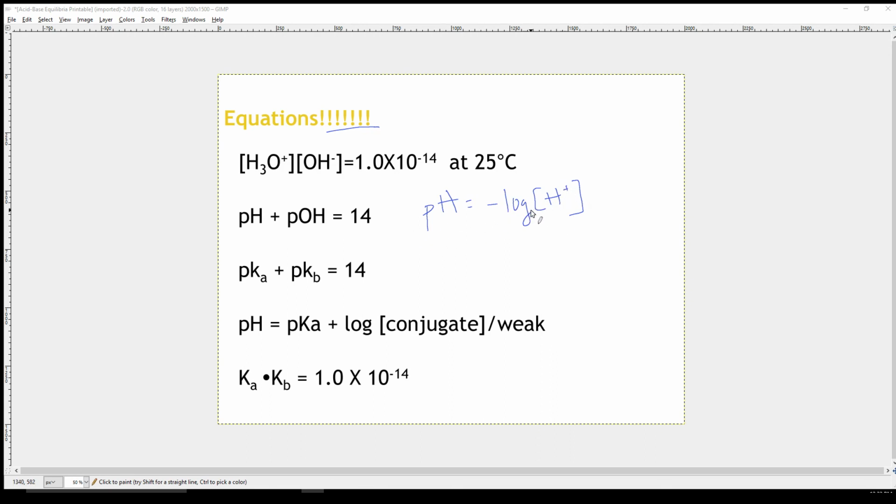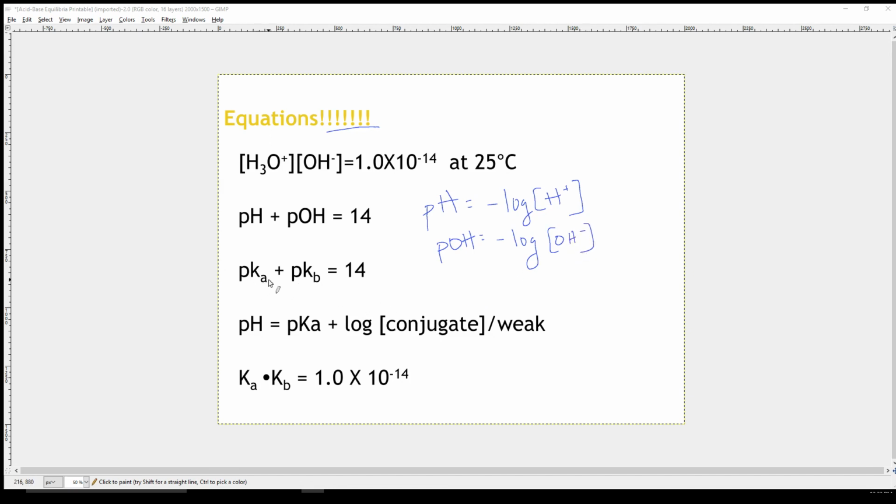I could do 10 to whatever the pH is and 10 to the negative log. Those go away. And I could solve for the concentration of my hydrogen ions. Sorry if you can hear that plane fly by. All right, and then the same thing happens with pOH. pOH is equal to the negative log of our hydroxide ions.